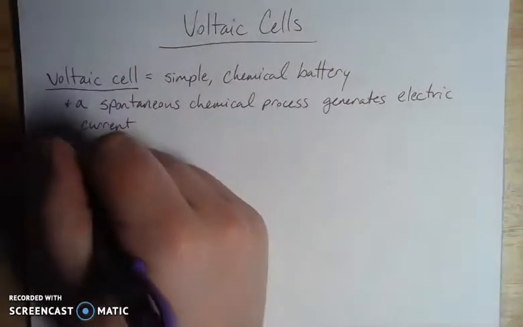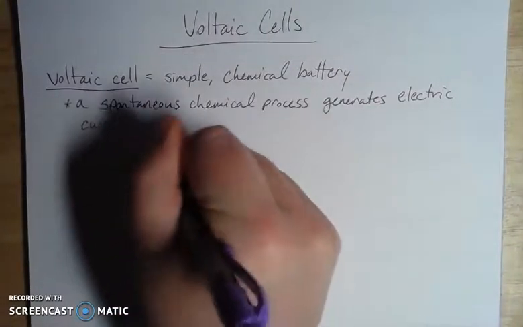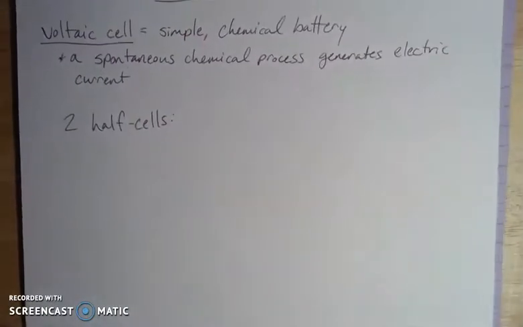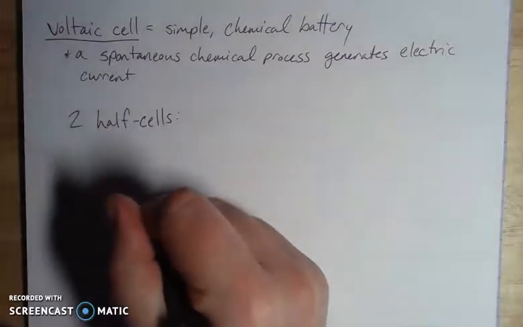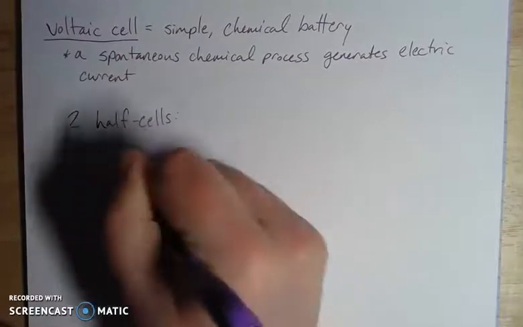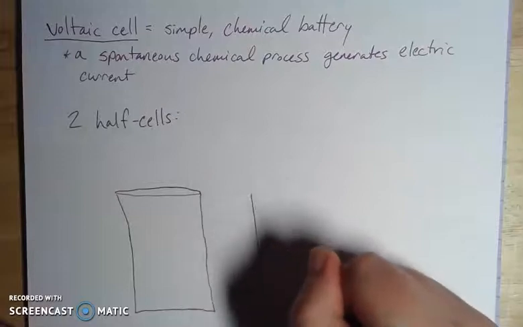We have really what are called half cells, two of these half cells. And we could kind of picture them as, at least I do, beakers. So if I have two beakers set up, here's one, and then here's another one right next to it.